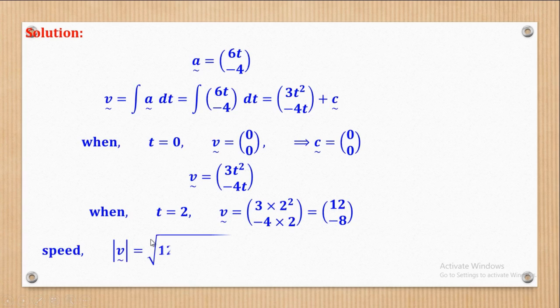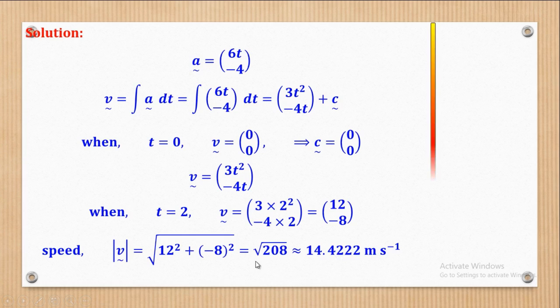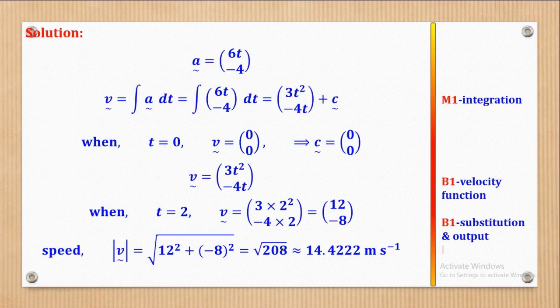So now I can get my speed, which will be the magnitude of velocity, and it will be equal to the square root of 12 squared plus negative 8 squared to give me 14.4222 meters per second. So basically, that's what they wanted, and now let's see how marks can be awarded.